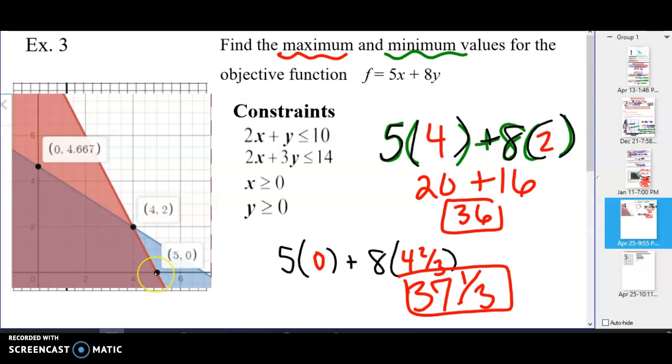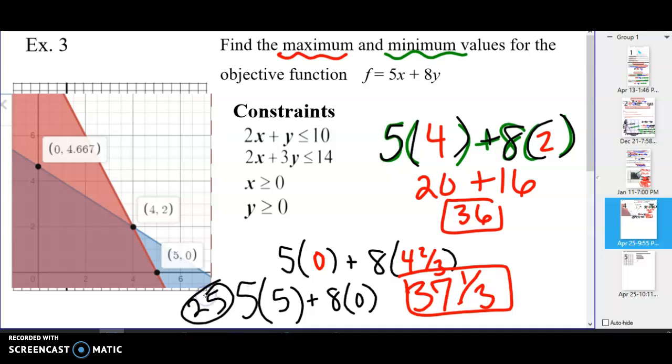And let's try this one. So 5, 0. So 5 times 5 plus 8 times 0. So 5 times 5 gives me 25. So it's obviously not that one.